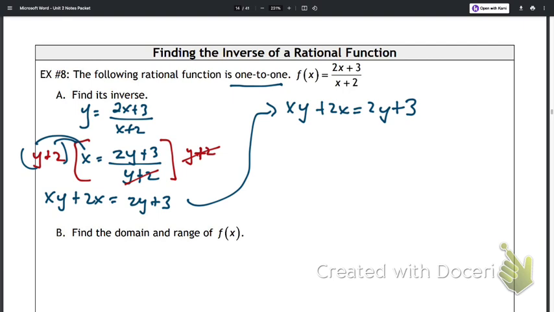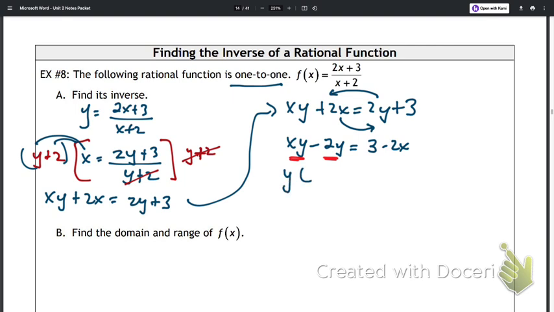You need your y's on the same side so that you can solve for y. So I'm going to move this 2x over here, and I'm going to move this 2y over here by changing their signs. All right, now if you'll notice, both of these terms right here, this term and this term, they have a y in common. So we're going to factor that out like a GCF.